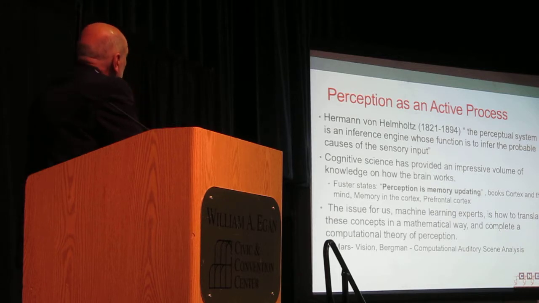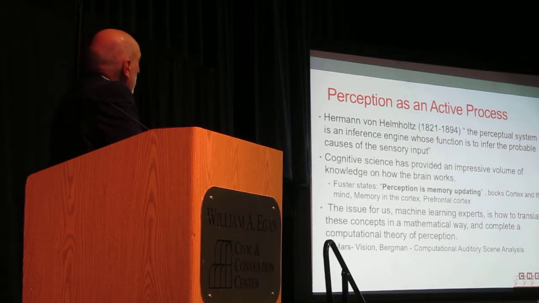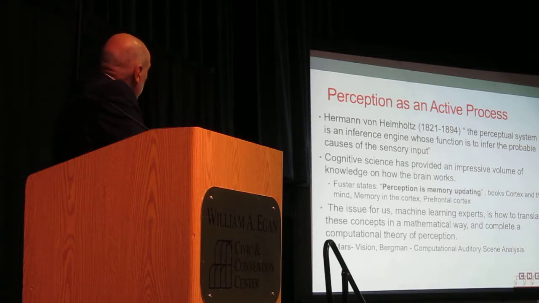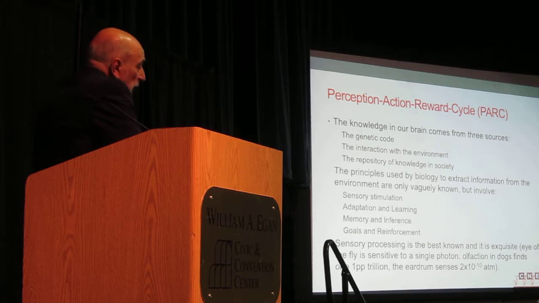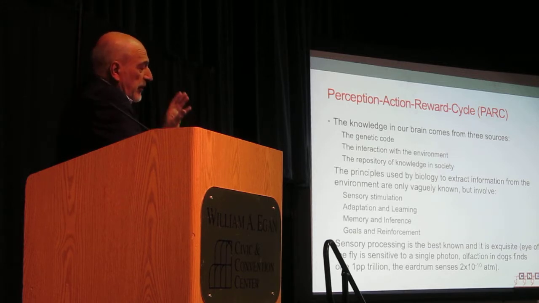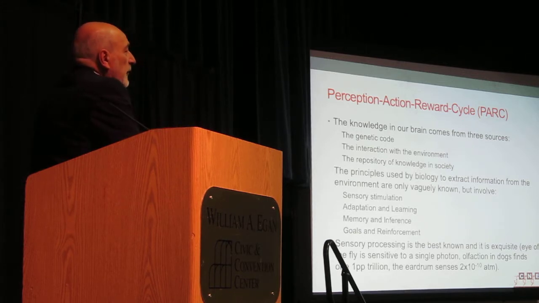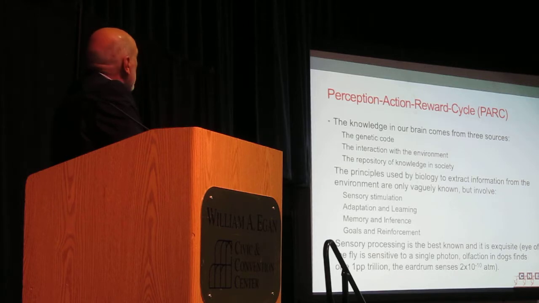And of course, I think that our role as machine learning experts and network experts is really to translate these concepts in a mathematical way such that we can complete the computational theory of perception that was started by Marr in vision and by Bregman and others in auditory scene analysis. So I'm going to give you a brief view of what is there after the sensory cortex.